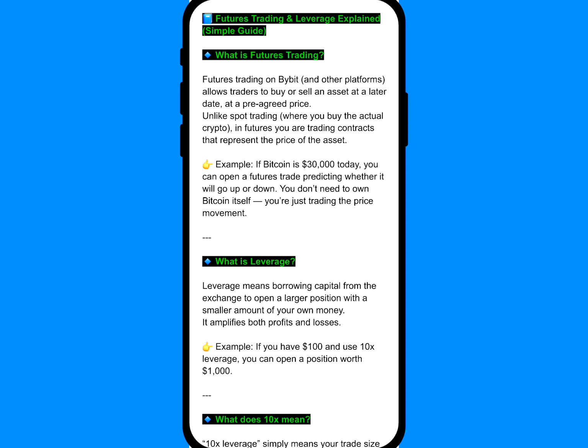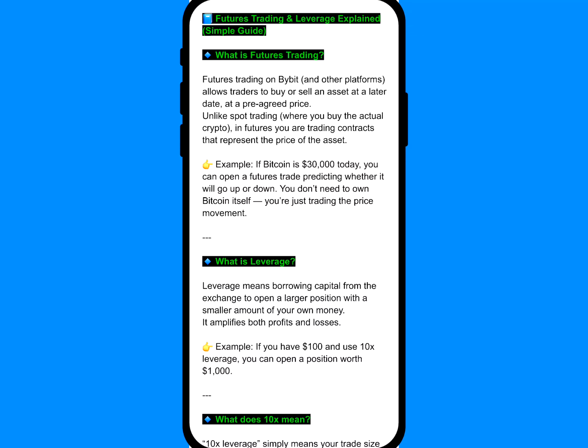Example, if Bitcoin is 30,000 today, you can open a futures trade predicting whether it will go up or down. You don't need to own Bitcoin itself. You are just trading the price movement, so you need to understand what it's all about before you jump into futures trading.